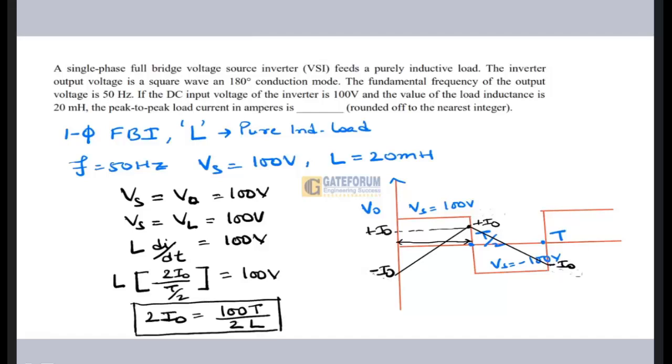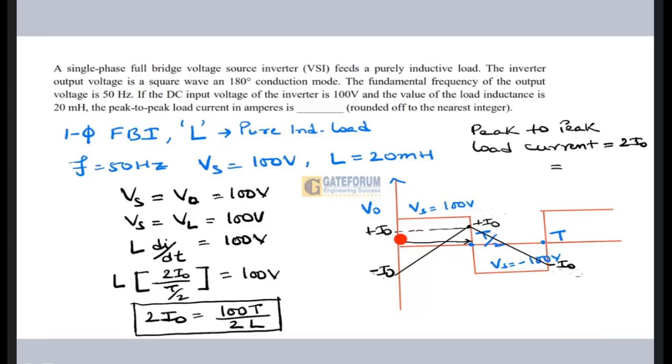So you know that the peak to peak load current is nothing but your ripple current, and the ripple current is given as 2 I naught, because the change is from minus I naught to plus I naught, not from 0 to I naught. If the change would be from 0 to I naught, then you would say the ripple current is I naught, but here the ripple current is 2 I naught.